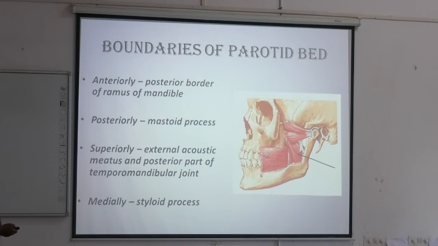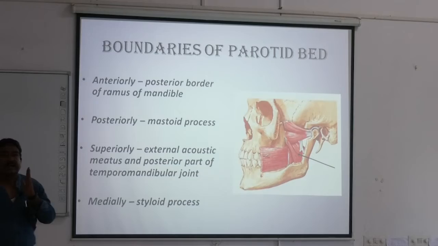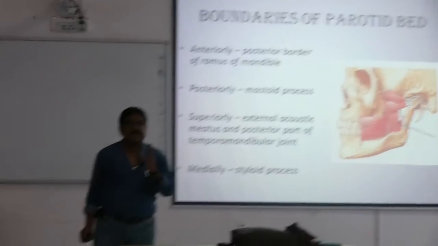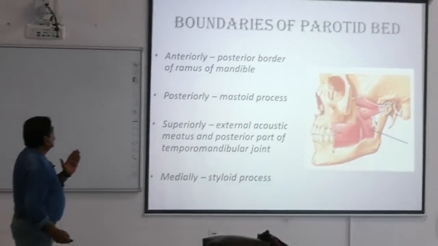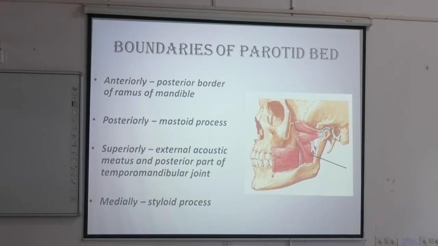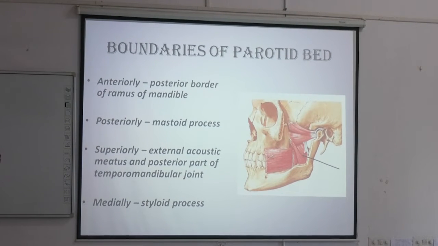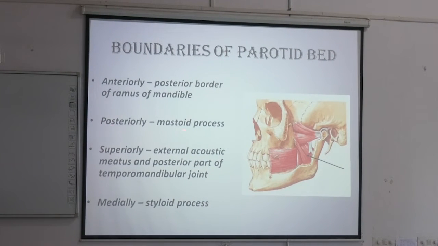Now, boundaries of the parotid bed. Anteriorly, the posterior border of the ramus of the mandible. The mandible is there, the posterior ramus, you have read in osteology. Posteriorly, the mastoid process.